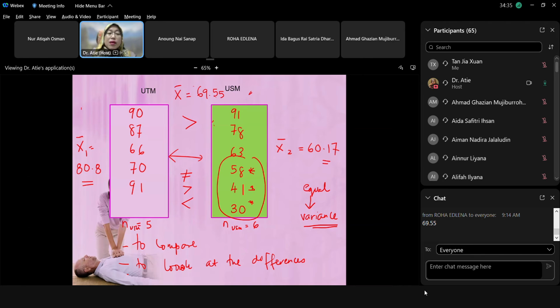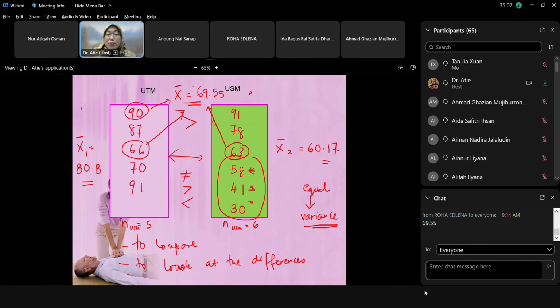Okay. So just looking at the mean, it's quite far from those people who got 90. The difference is almost 20. And for people who have scores like 63 or 66, they are closer to the grand mean, the mean for the whole sample.